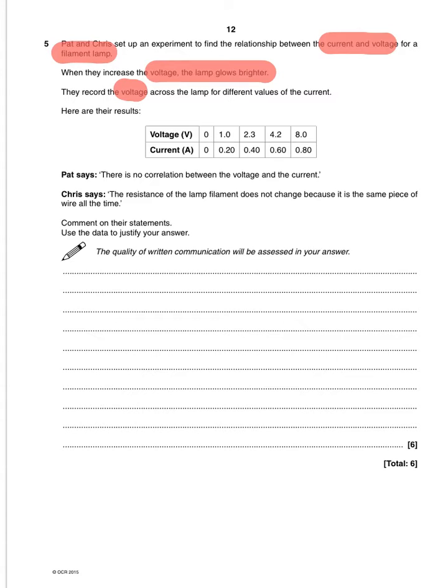So here you can see we've got voltage and current. The current is increasing, and it's increasing in a linear fashion, so we've got equal intervals.